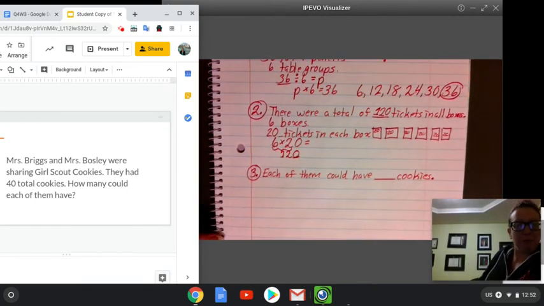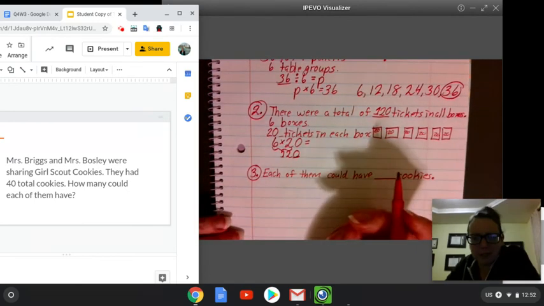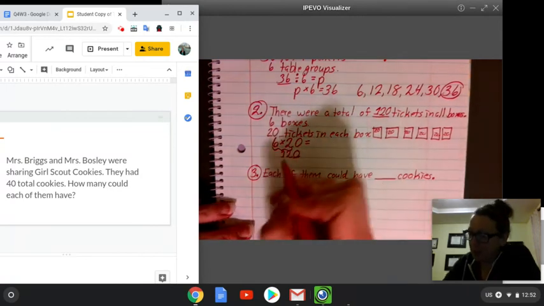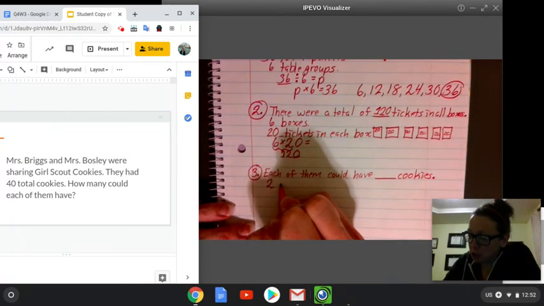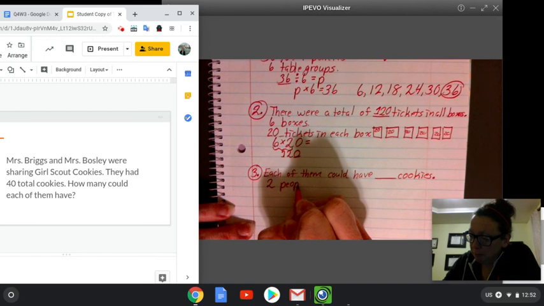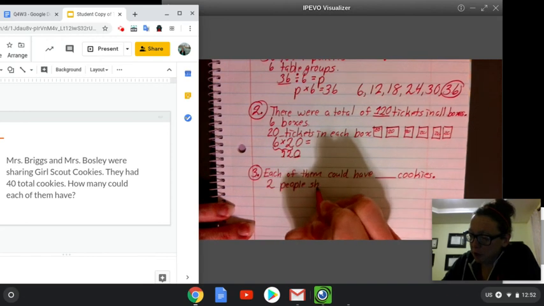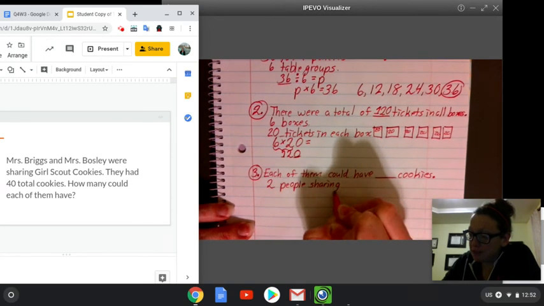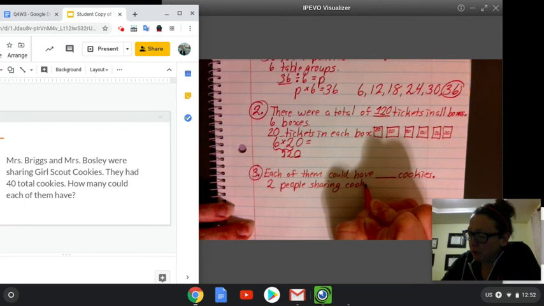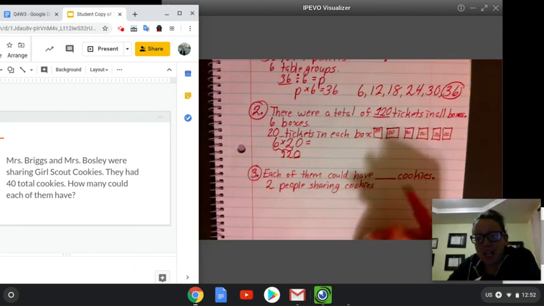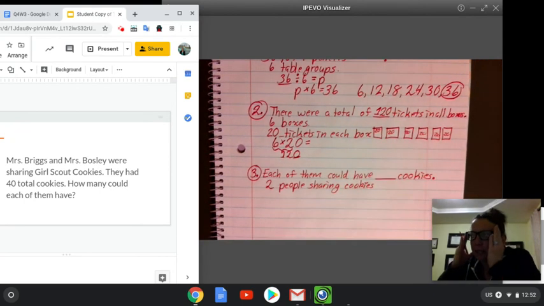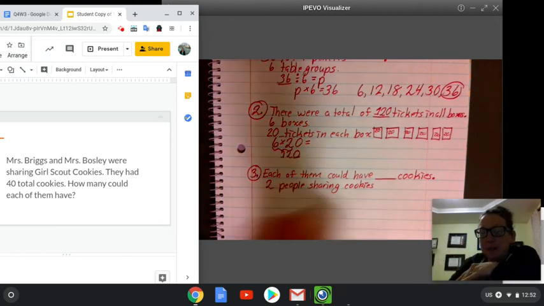So now if I'm pulling out my information, it says Miss Briggs and Miss Bosley. So I know that there are 2 people sharing cookies. Well, if we think of sharing, we should think of splitting. And if you're sharing, you're splitting up something. So what should we be thinking of?